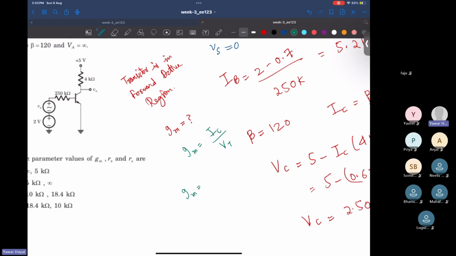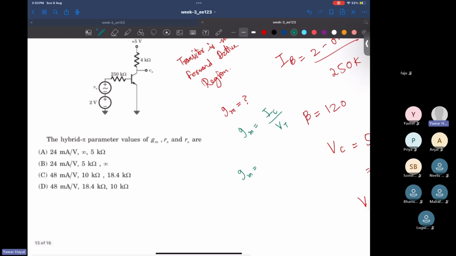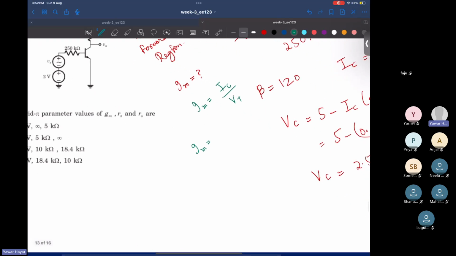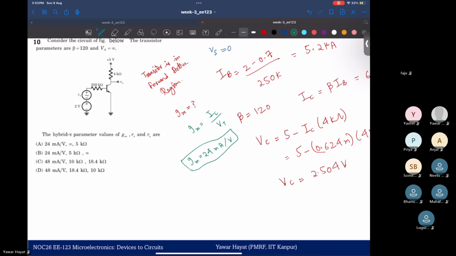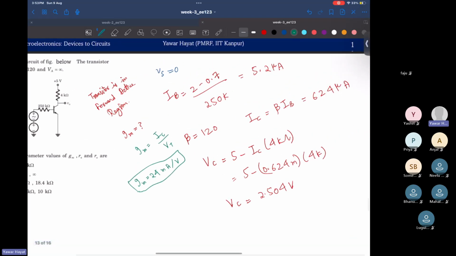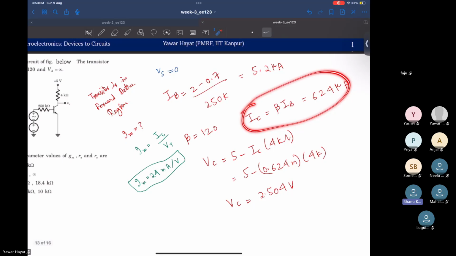Let's report it in milliamps per volt. It should be 24. In fact, all the options have this particular value. So what I did was I divided this one by this one.